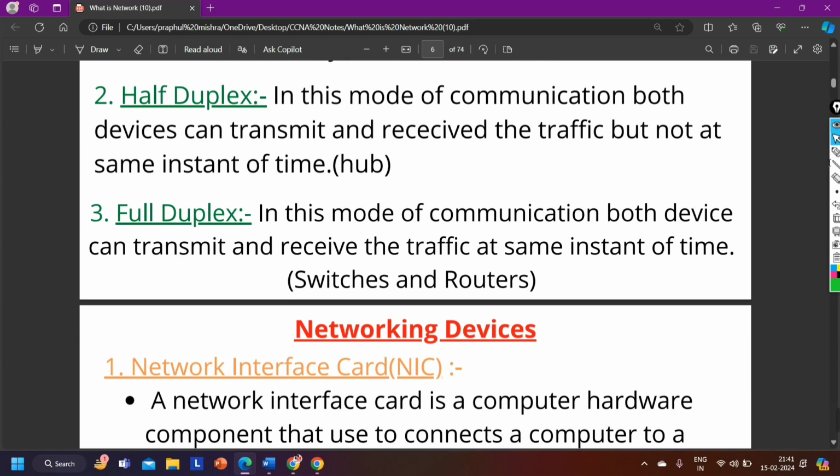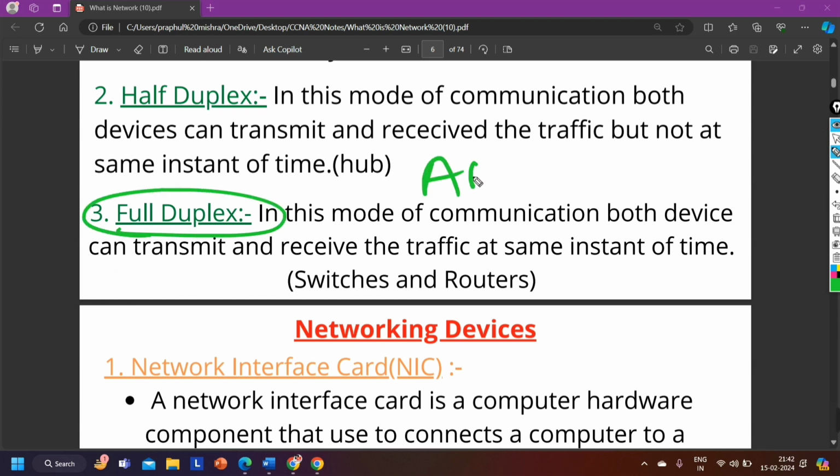In full duplex, a device can send the data and receive the data at the same instant of time. Like right now we are talking, right? We can speak as well as listen at the same time. That is full duplex. And all the networking devices that we are using nowadays work on what?